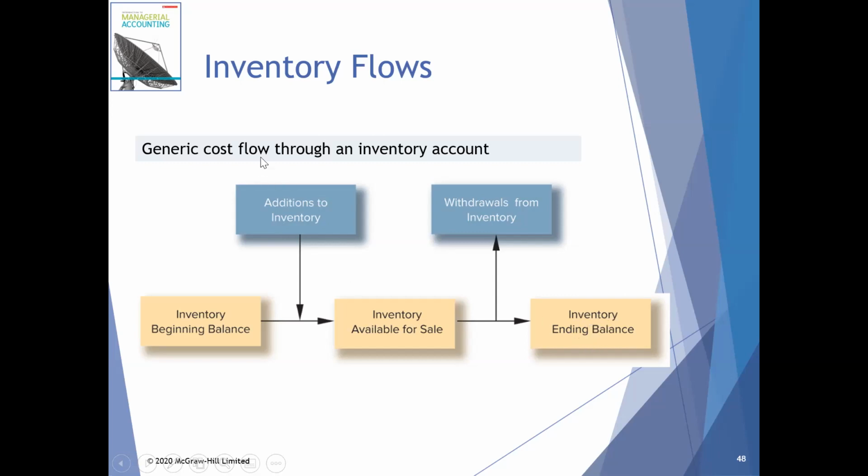So that is a generic cost flow of the inventory account. It means opening stock, add purchases, less withdrawals, and that will be the closing stock. Withdrawn means it may be shifted from one place to another, maybe from the manufacturing unit to the showroom.